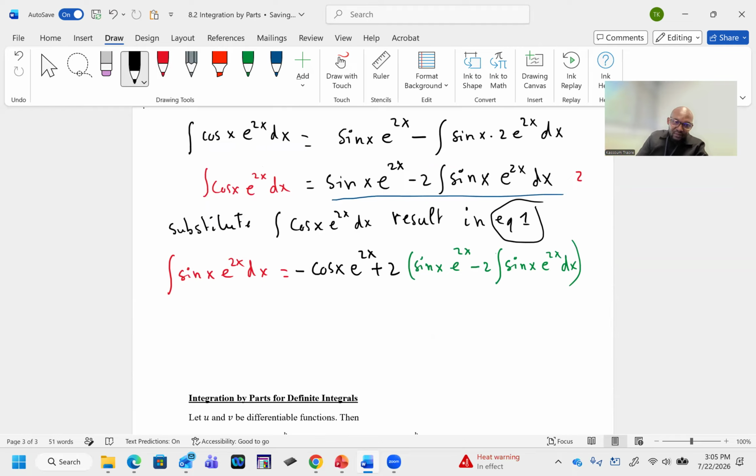So we have the integral of sine x e to the power of 2x dx will be what?